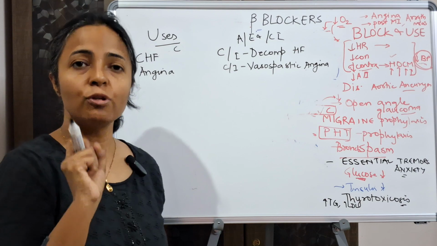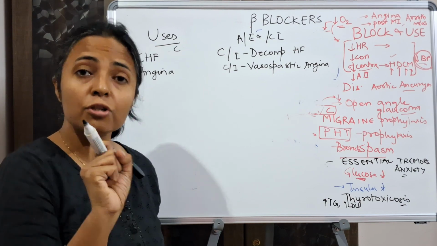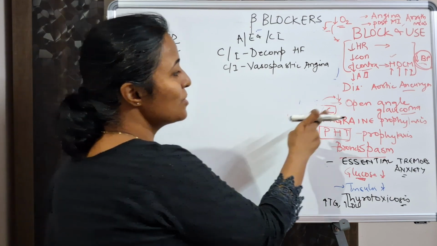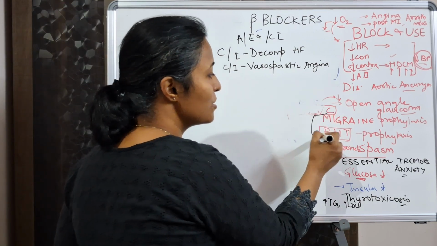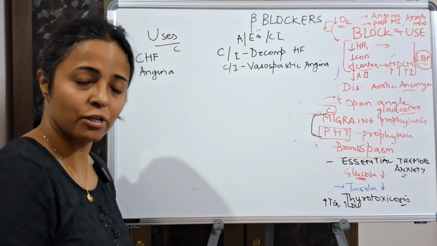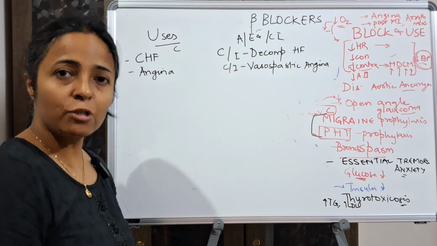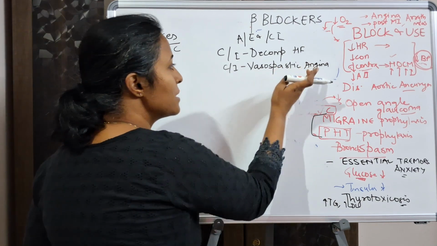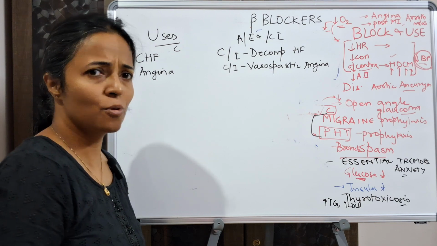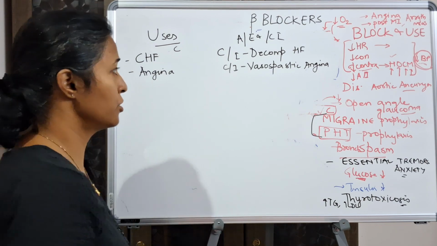Coronary blood flow is decreasing due to constriction of the blood vessels. Blocking the beta receptors only causes vasoconstriction. We said the main effect is vasodilation; you block it, you get vasoconstriction. So vasospastic angina occurs due to vasoconstriction. Do you want to give beta blockers here? No, it will cause more vasoconstriction.